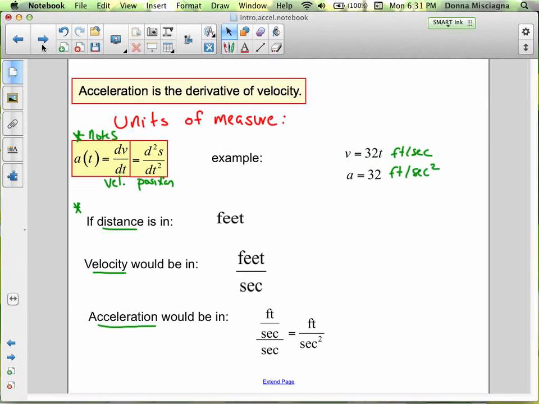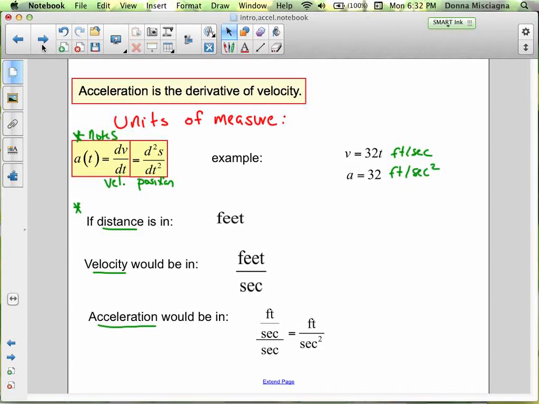It's important that you have the right units of measurement. So a of t is the first derivative of velocity. It's the second derivative of position. If distance is in feet, velocity would be in feet per second.